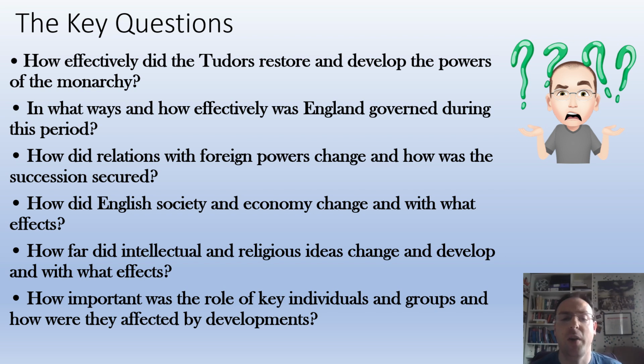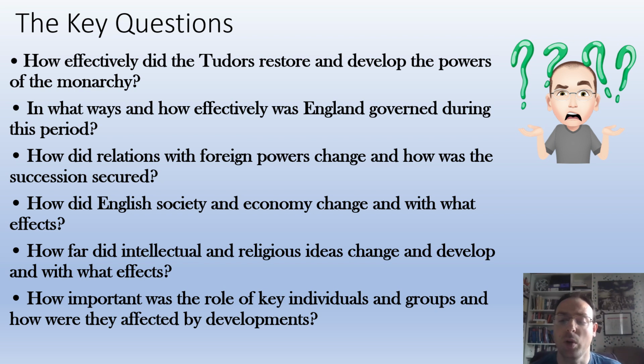But there are some fairly major changes in society. There's a growth of urbanisation, and there is development, particularly of a new class in terms of the gentry, and also changes in the countryside and the work that people are doing with things like enclosure. We see massive changes in religion, particularly under Henry VIII.